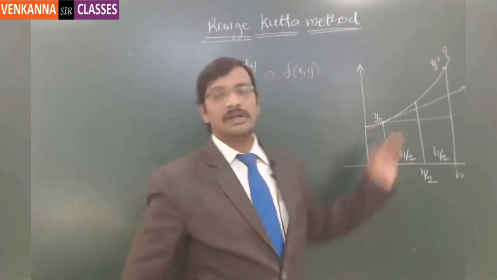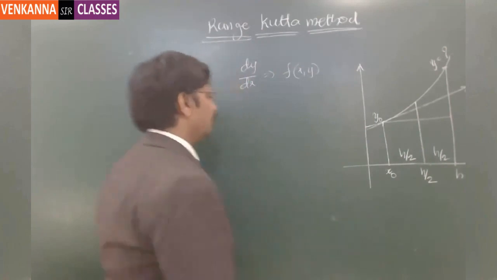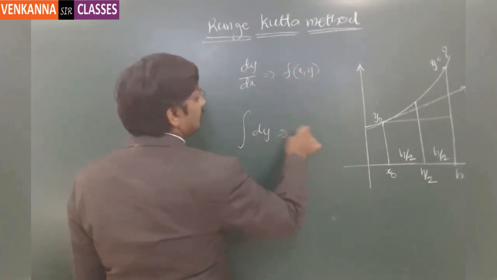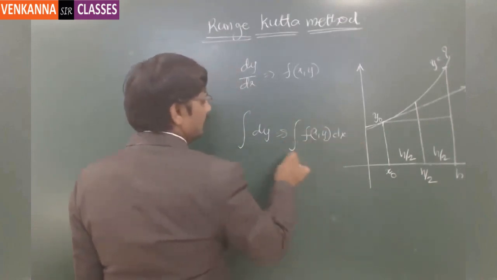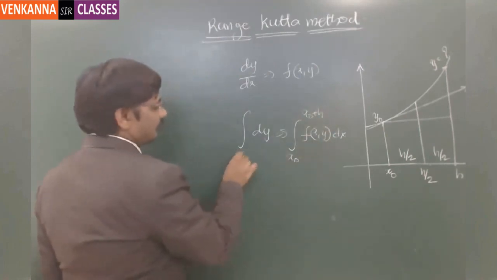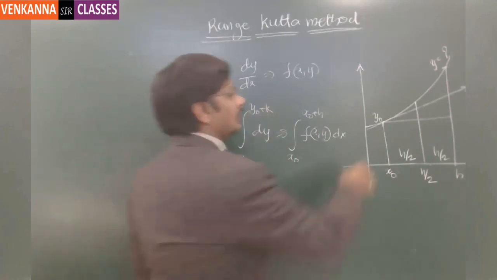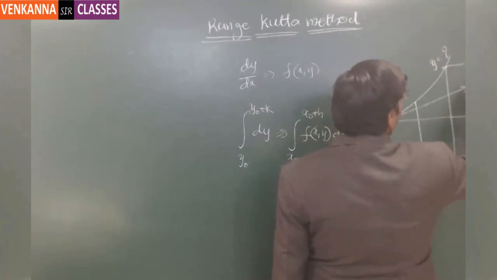Then the methodology is integral dy, which comes out to be f of x comma y dx, with x going from x0 to x0 plus h, and y going from y0 to y0 plus k. If this is y0, then this is the value of k which we want to find.